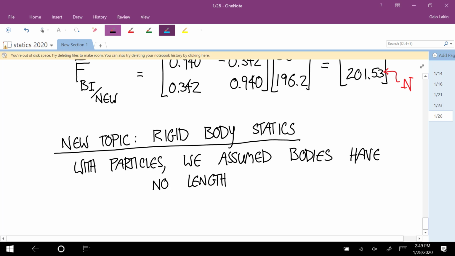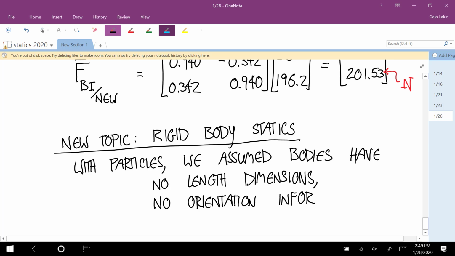And we got rid of any orientation information. Now we're going to include both of those.